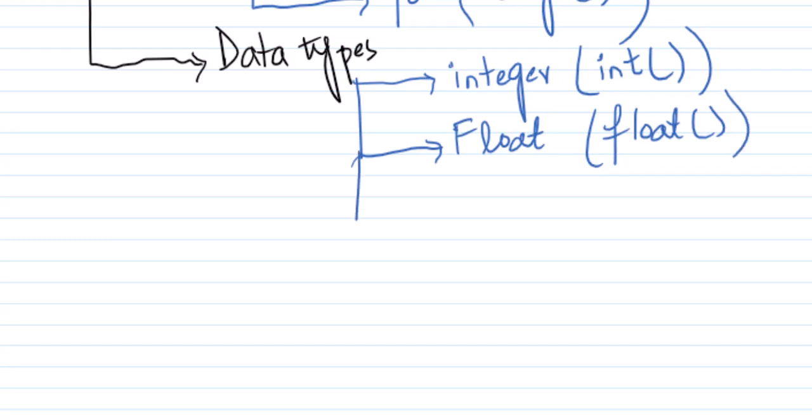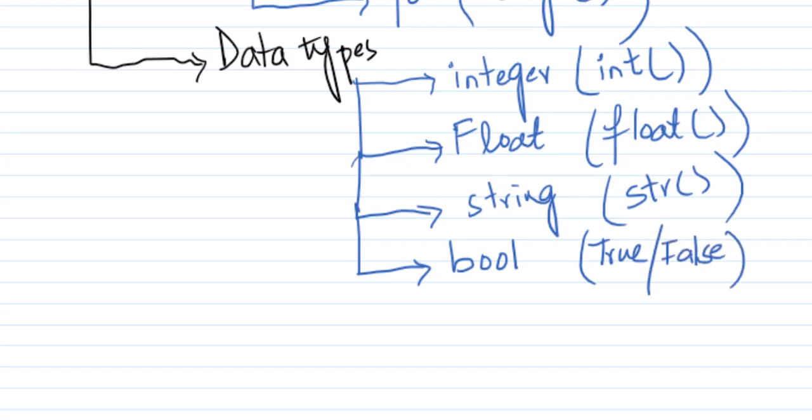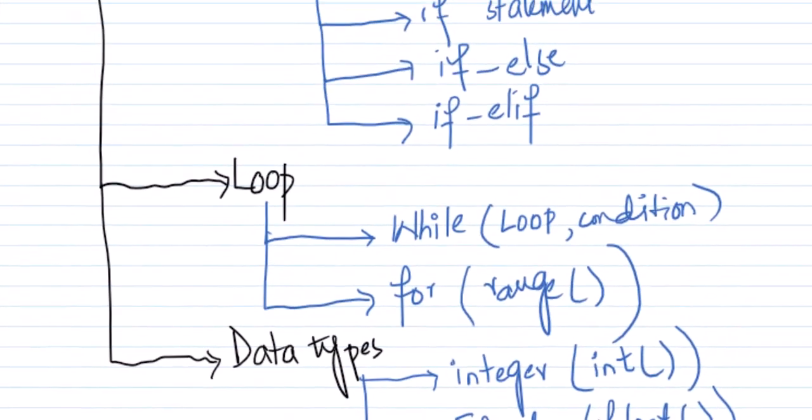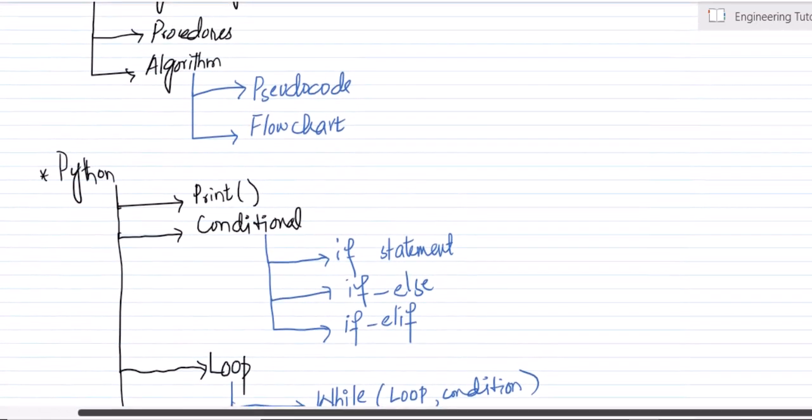After it, we have discussed the string data type, and again str here, and after it the bool data type, which just tells us true or false statements. So we have discussed all these, which are called the basic things in Python programming.